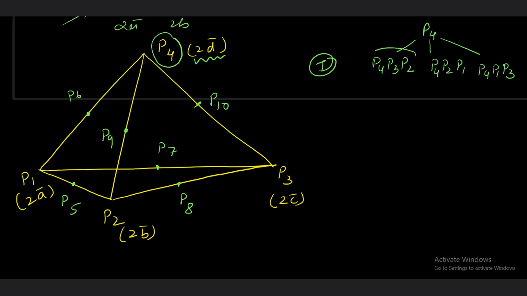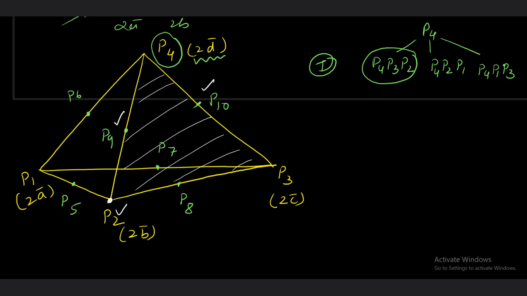So let us consider first of all this face. P4 is taken. Now you need 3 more points so that the total is 4 and they will be coplanar. So I started with, first of all, the face P4, P2, P3. Just look at this face. How many points are there on this face apart from P4? So let us count. 1, 2, 3, 4, 5.